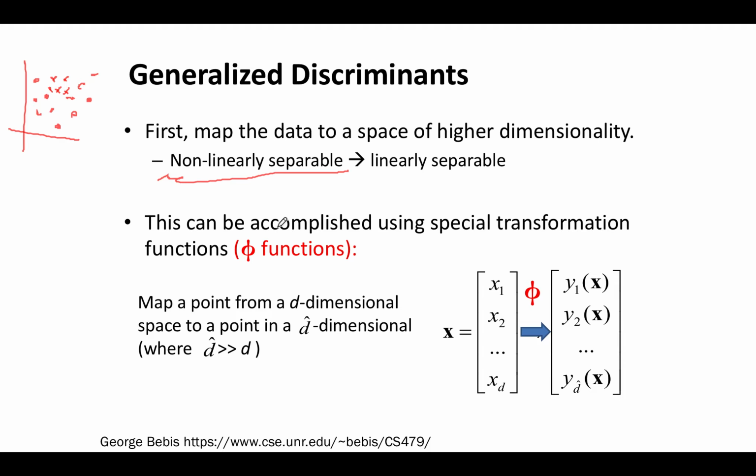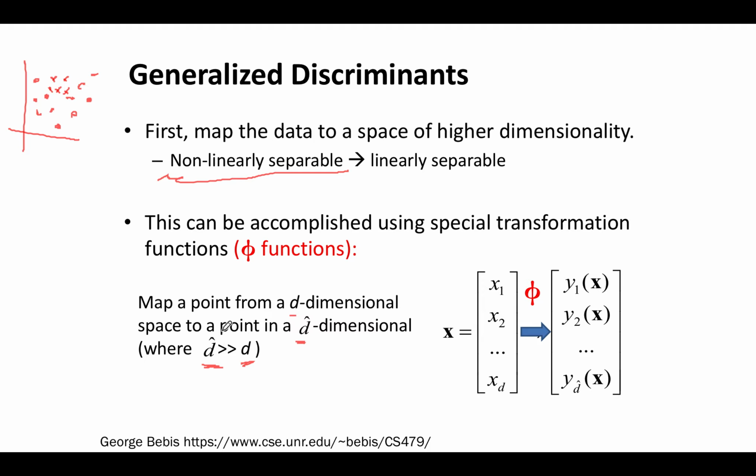Okay, and so what we do is we come up with a set of functions. These are called phi functions, where your feature vector x is mapped to y of x, where y of x are y1, y2, up to y d hat. These are some nonlinear functions of the original data. So I take my data from a d-dimensional space and map it to a d hat dimensional space, where d hat is typically much higher than d.